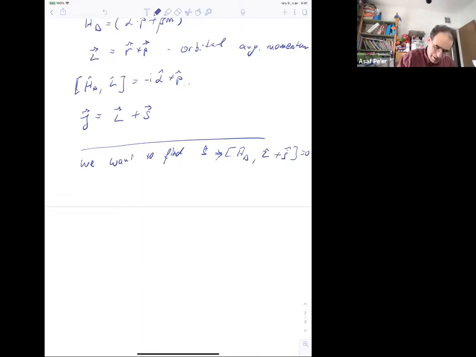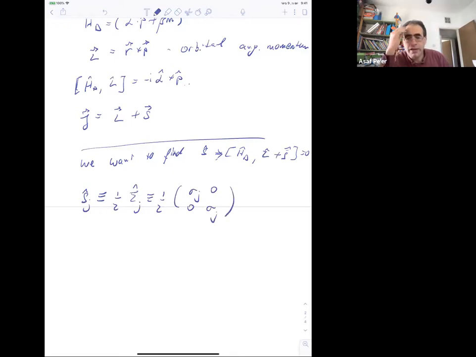So I take S_j, which is defined as 1/2 Sigma_j, which is just 1/2 times the block matrix with sigma_j, 0, 0, sigma_j. I'm just taking the Pauli matrices and I put them in a 4x4 structure.